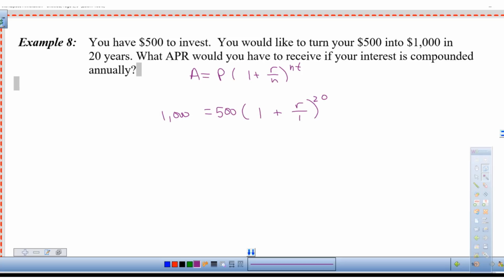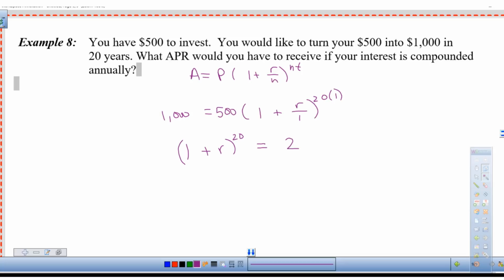It is a 1. Okay. Now, what am I going to ask you right now? Are we stuck? And what's the answer to the question? No. What do? Divide by 500. So 1 plus R, R over 1 is just R, raised to the 20th is equal to 1,000 divided by 500, which is 2. Right?